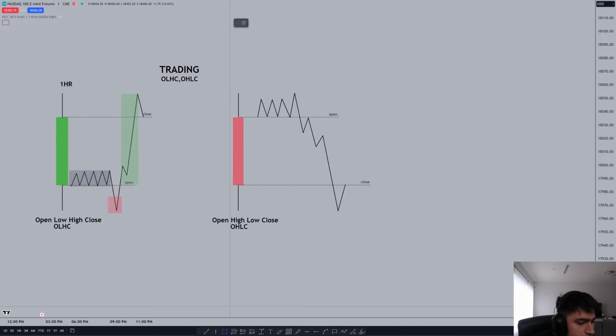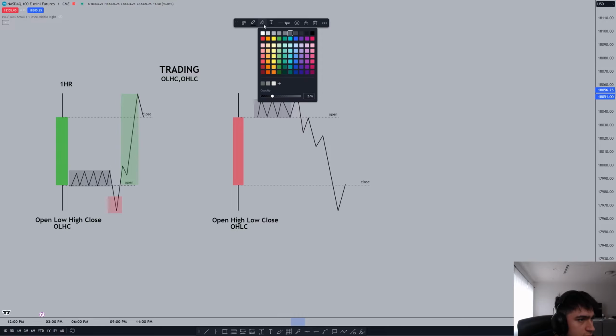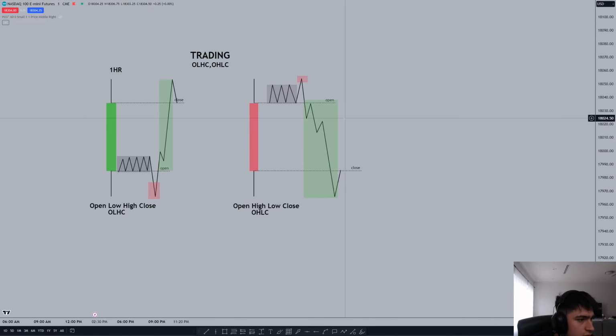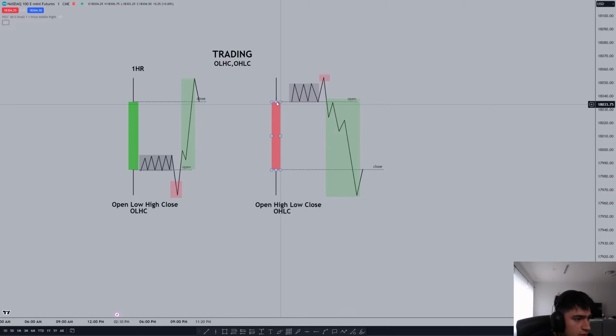Same thing here. Here's your accumulation, your manipulation, and then price has your beautiful distribution lower. This is your power of 3.